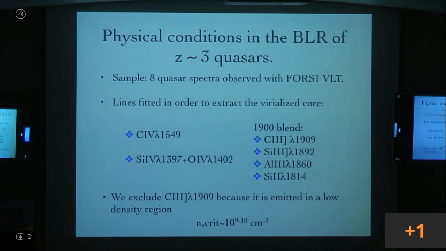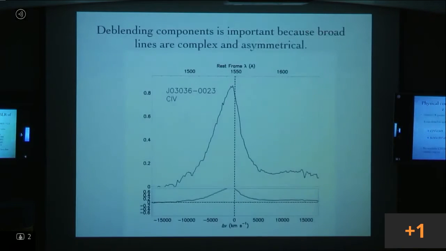When we compute the ionization parameter and density, we exclude carbon 3 because we know that it is emitted in a lower density region, because its critical density is 10 to the 9.5. And I would like to show you an example of how we fit the carbon 4 profile.